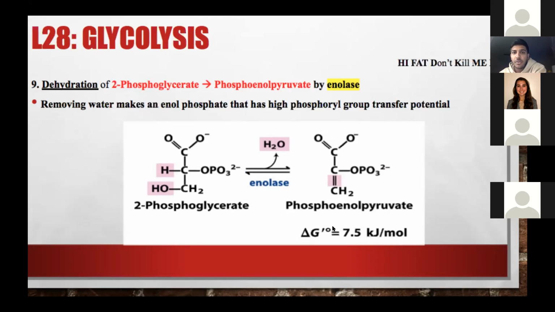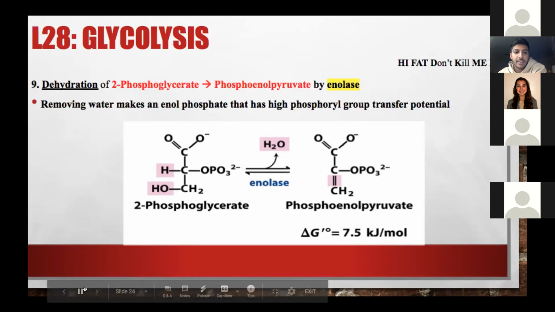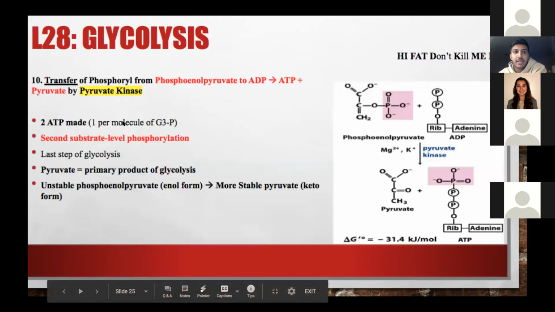And the thing is with this now, when you transfer your phosphoryl from your third carbon right here, that was initially here to here, now you have a molecule with high group transfer potential again. So anytime you make a molecule with high phosphoryl group transfer potential, the next step is literally going to be substrate level phosphorylation again. And so we look at that last step and we see that it's going to be your second substrate level phosphorylation.